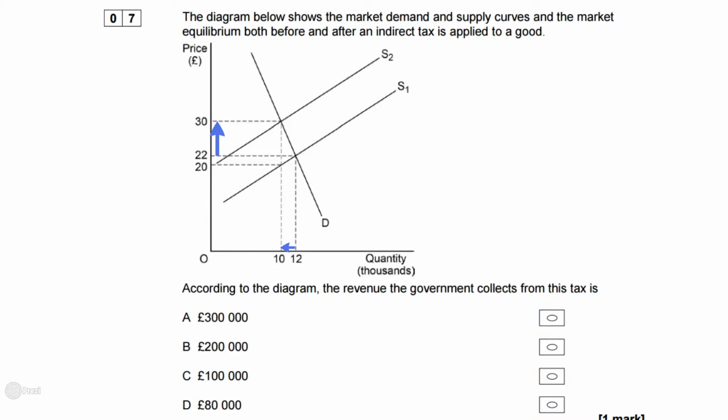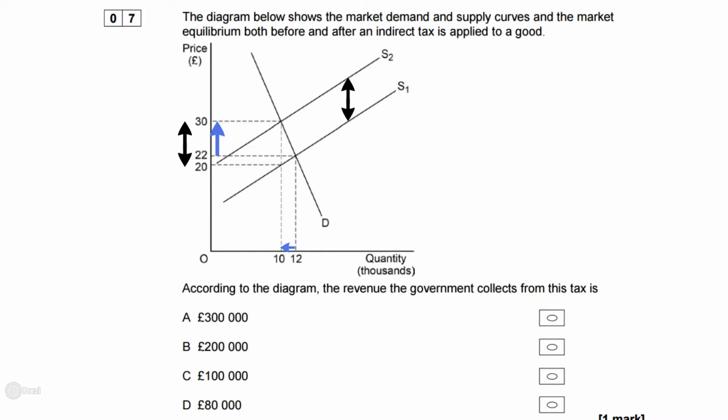Now we need to see what is the value of the tax. The tax is the difference between the two supply curves. When we're at our second equilibrium at a price of 30, if we go straight down to where our first supply curve would have been for this quantity, which is quantity 10, we find that the price would be 20. So we see that 30 minus 20 is 10, and this is the tax.